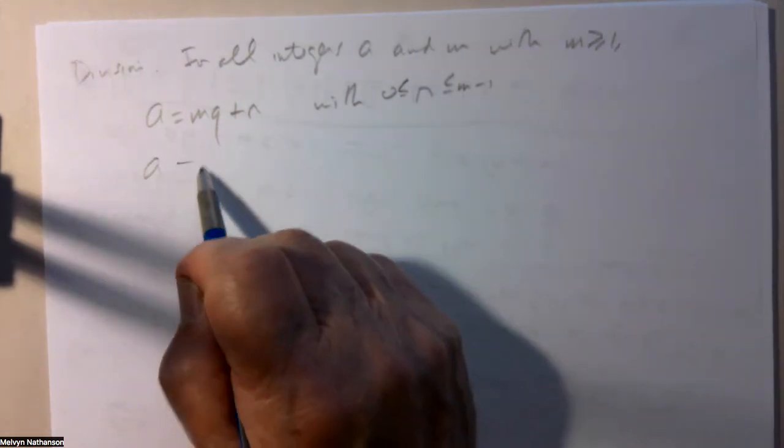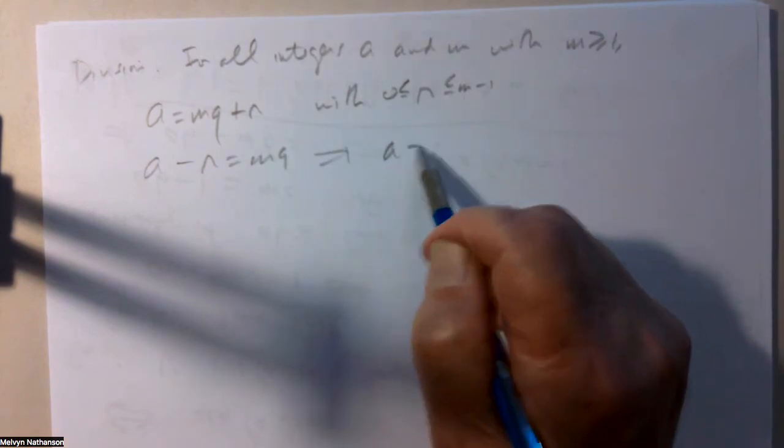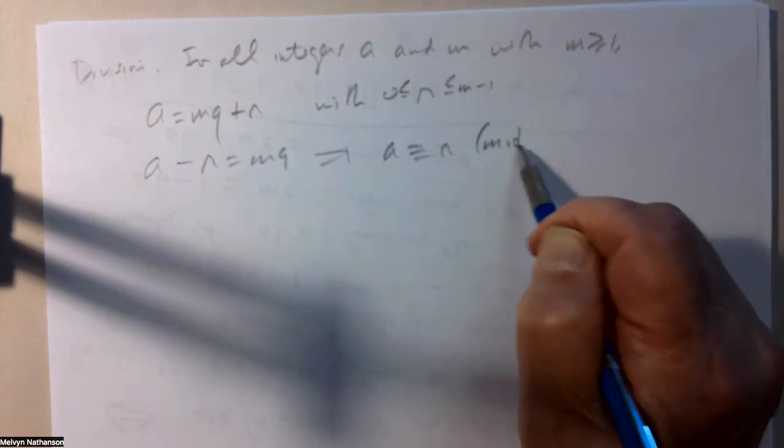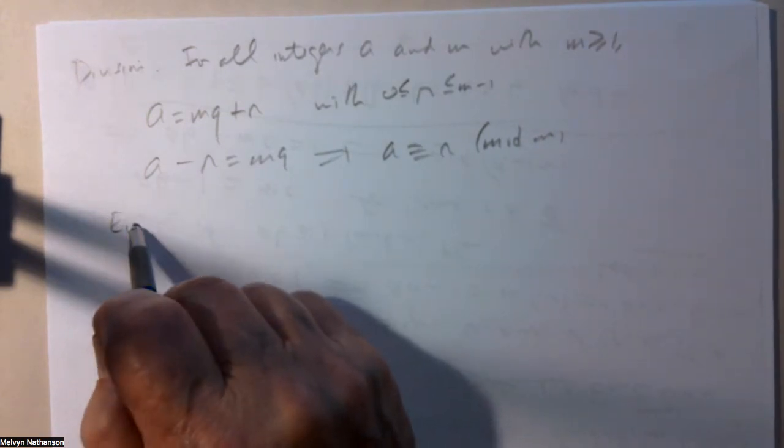Another way of writing this is that A minus R is MQ, which means A is congruent to R mod M.